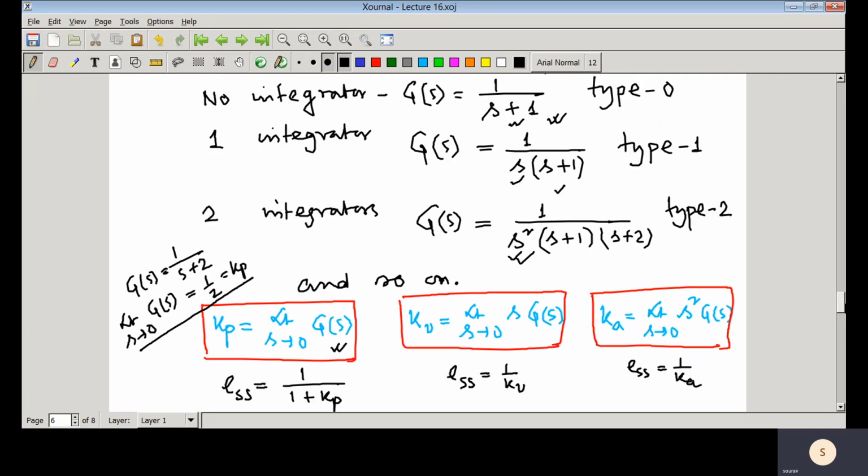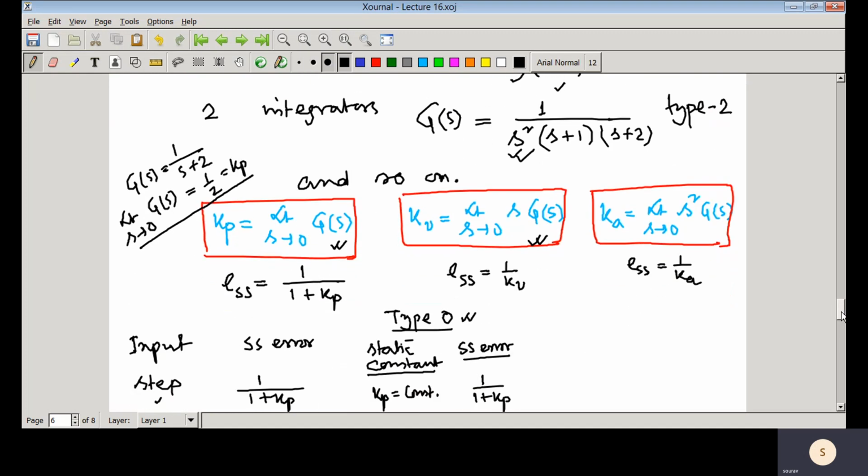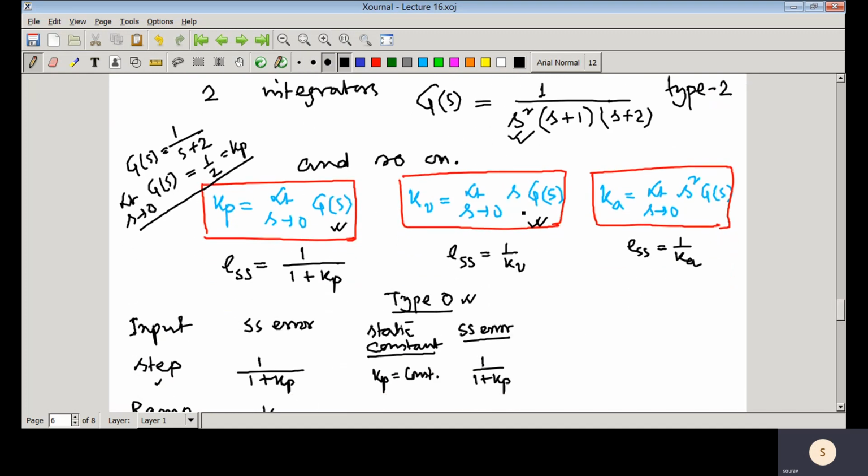Now what would be Kv? Kv, you can see, is that expression, and Gs is, say, 1 by s plus 1, because we are discussing a type 0 system. So what would be Kv? Kv would be s divided by s plus 1, because Gs equals 1 by s plus 1.